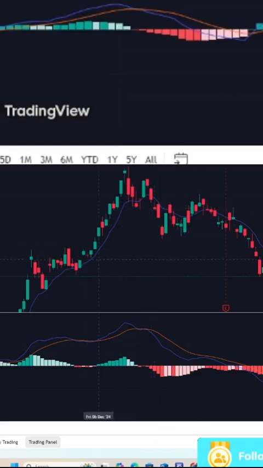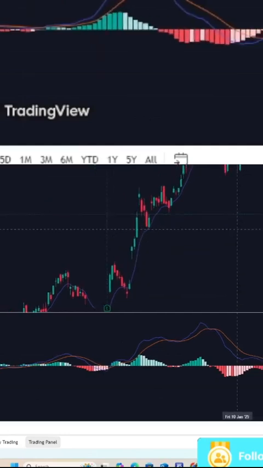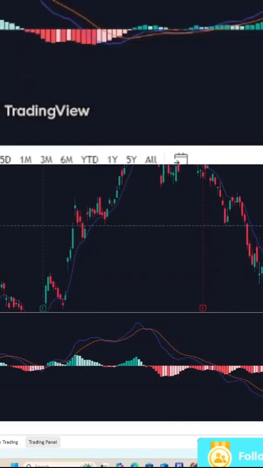Now we have the 9 moving average. Remember, we have the 9 moving average there, and also we have the MACD line. We're gonna see how they work together. Remember, I told you again, if you're gonna place the trade, let me just zoom the chart in a bit so you can see.